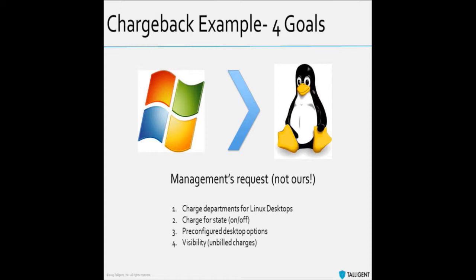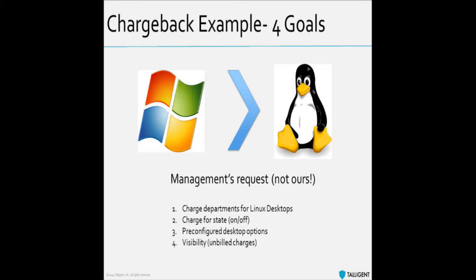If the users are going to continue to use the Linux desktops, they at least want to recoup those costs and make it so that the internal Linux desktop users understand that they are consuming a resource, that they are creating cost on the organization. So the chargeback is going to charge departments for the Linux desktops, but they're also charging for state on and off.